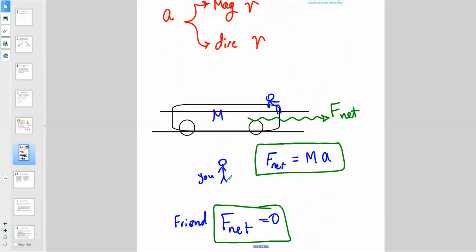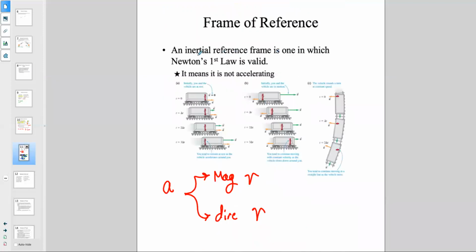So when you are writing Newton's law, you have to write it in an inertial frame. An inertial reference frame is not moving, not accelerating. See, this is the inertial reference frame.